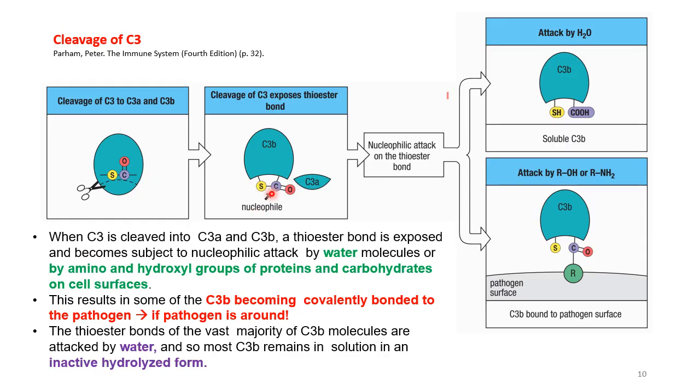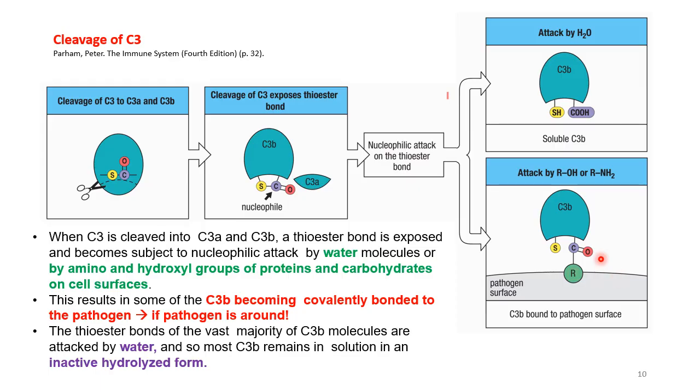If it is water that attacks this, C3b is going to be inactivated and just floating around. If it happens to be something else, for example an amino group or a hydroxyl group that is part of a protein on the surface, or part of some carbohydrate on the surface of a pathogen, then this nucleophilic attack is what covalently binds C3b to that surface.